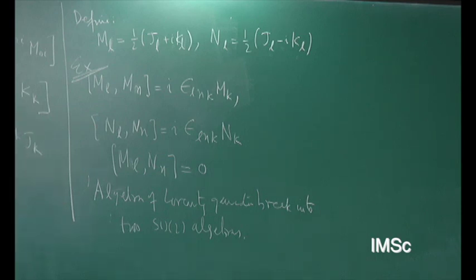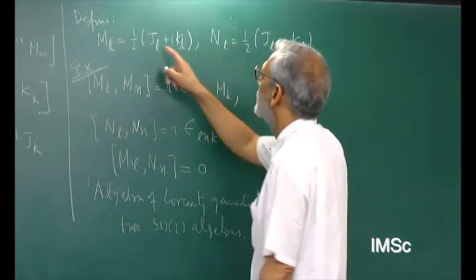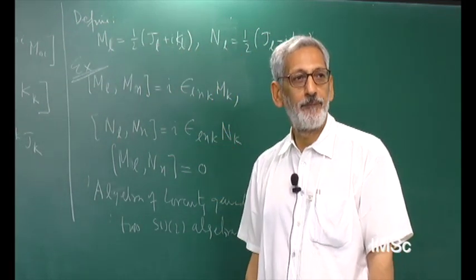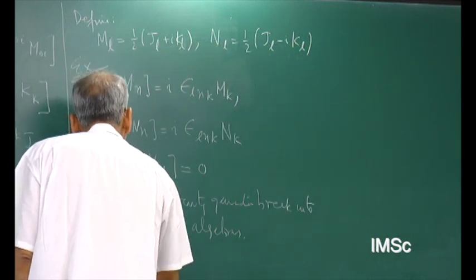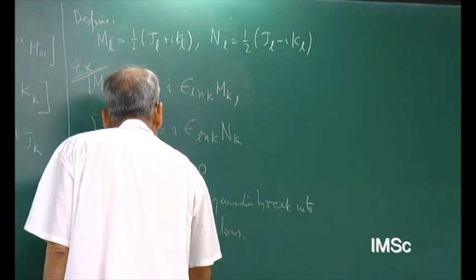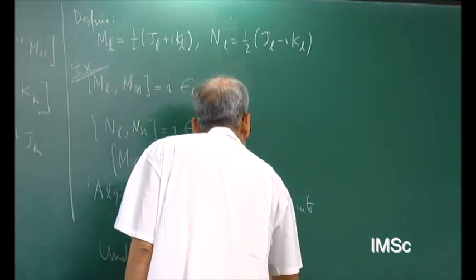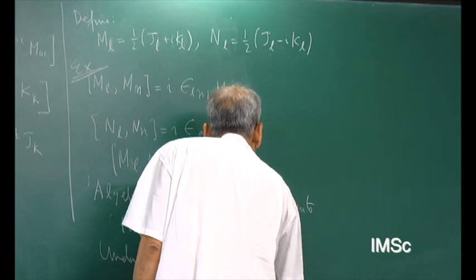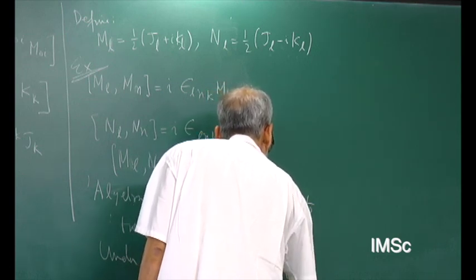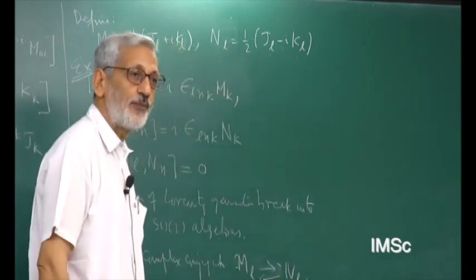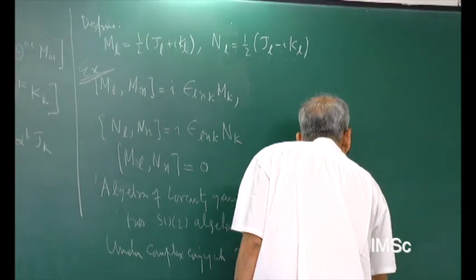Why? Because if I do a complex conjugation, they go into each other. So under complex conjugation, ML and NL interchange, and so the two SU2s interchange.